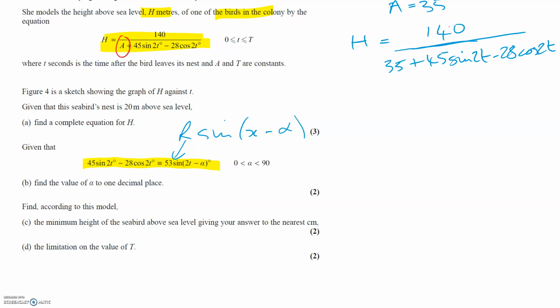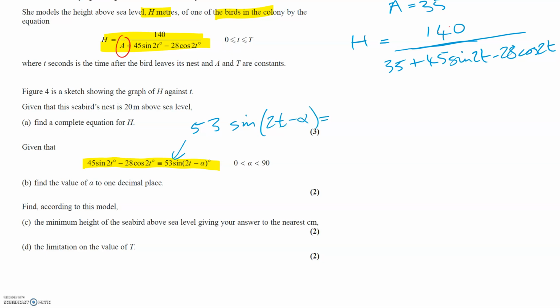If we do our expansion like we normally do, the addition formula for sine of a minus b, we're going to have 53, we know it's 53, and we're doing an expansion for sine of 2t minus alpha.